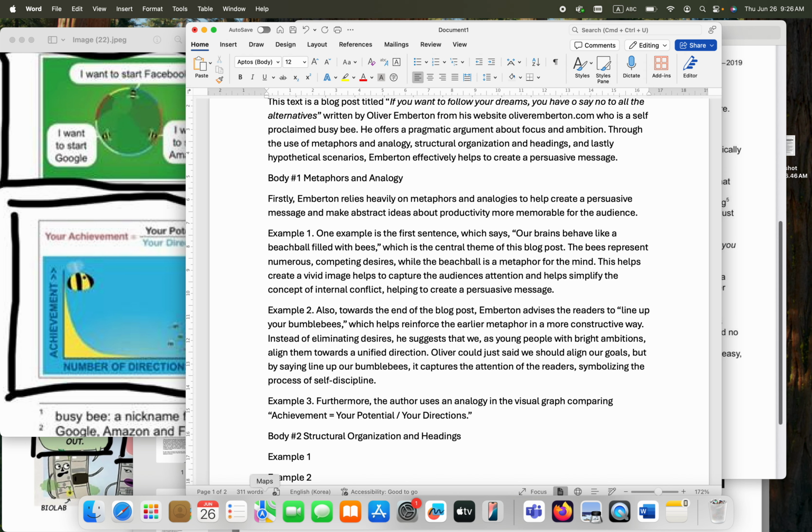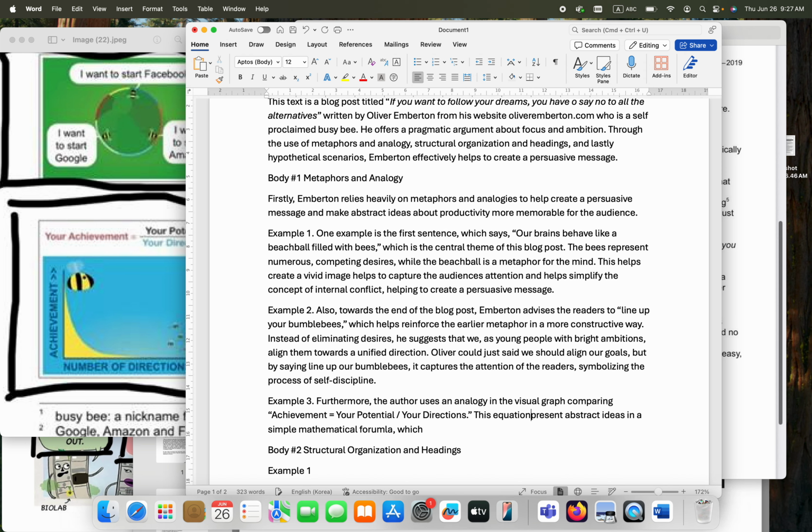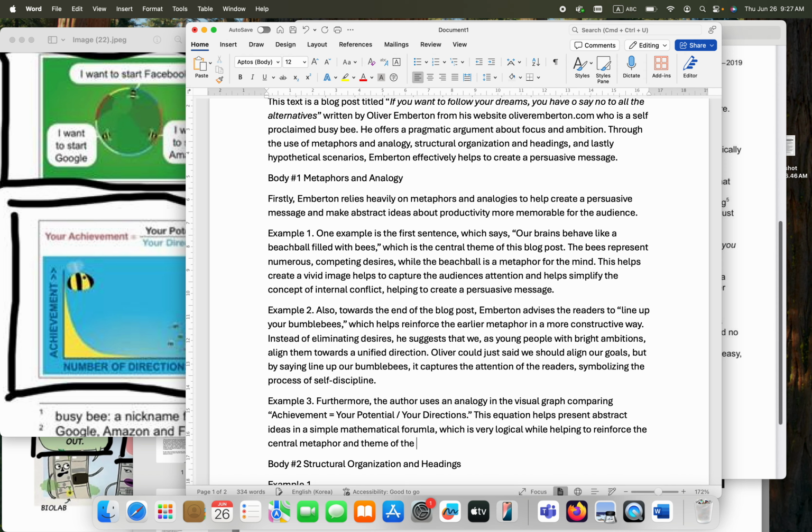So yeah, you could say something like, this equation helps present abstract ideas in a simple mathematical formula, which makes the argument very logical while helping to reinforce the central metaphor and theme of the movement.